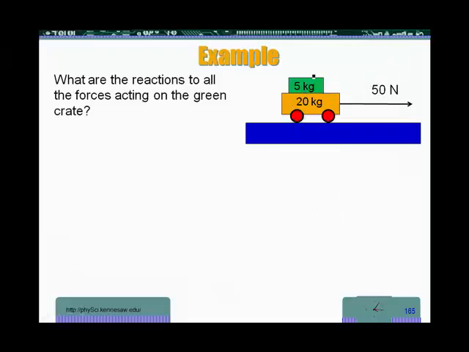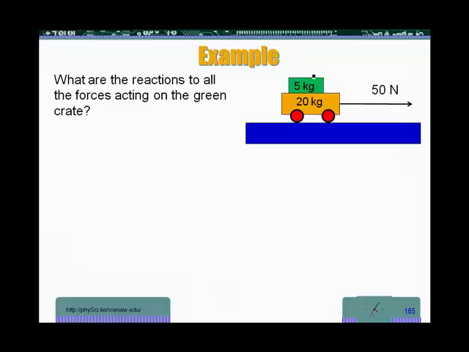Okay, now, what are the reactions to all the forces acting on the green crate? So now, apply Newton's third law of motion. What's the reaction to all of these forces? We discussed them one at a time.